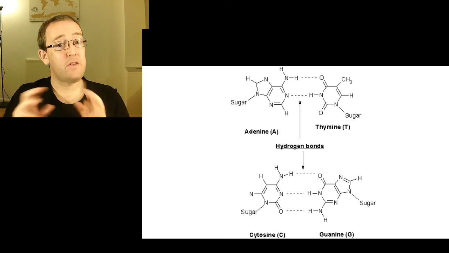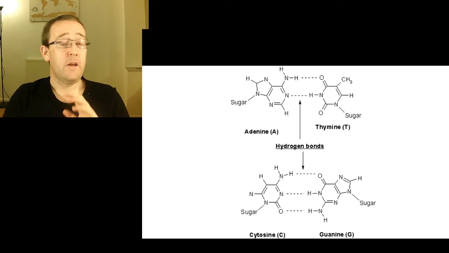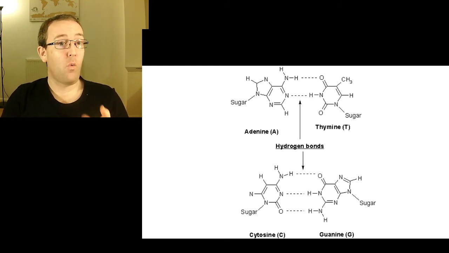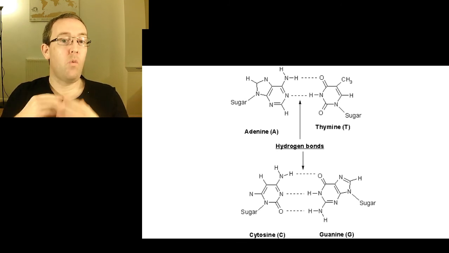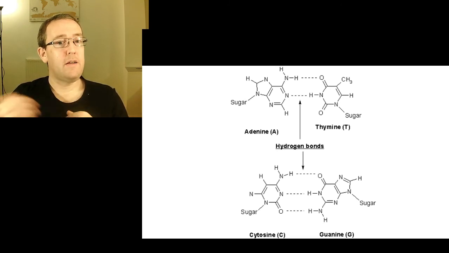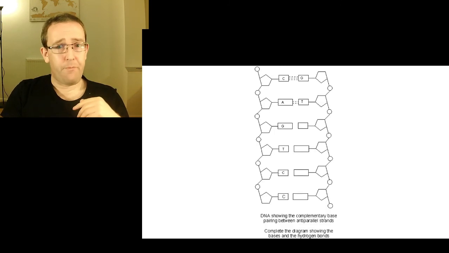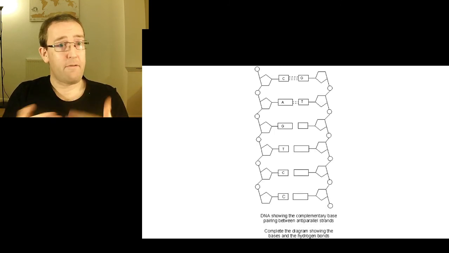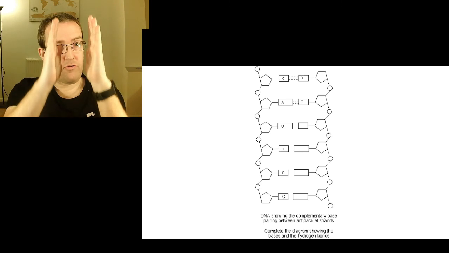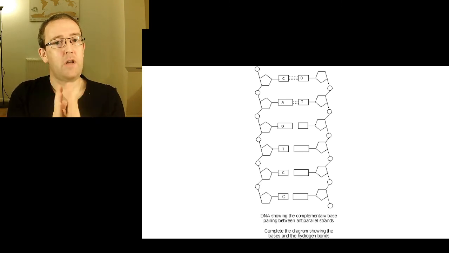Also it's a size and shape thing. You might notice in each pair you've got one double ringed base, A and G, and you've got one single ring base, T and C. Now that's why they then fit nicely together and lead to a nice straight, evenly spaced double helix.